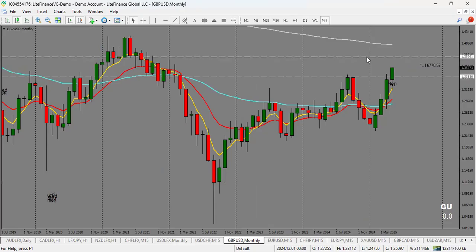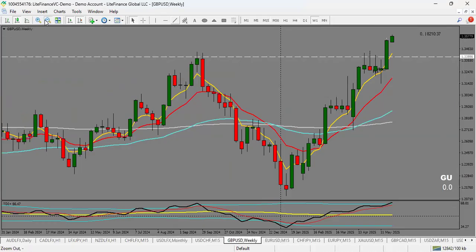We have an order block here, which is an area of resistance, and we have the 200 EMA. So with this trend, our next target should be the next resistance, which is this point or this point.